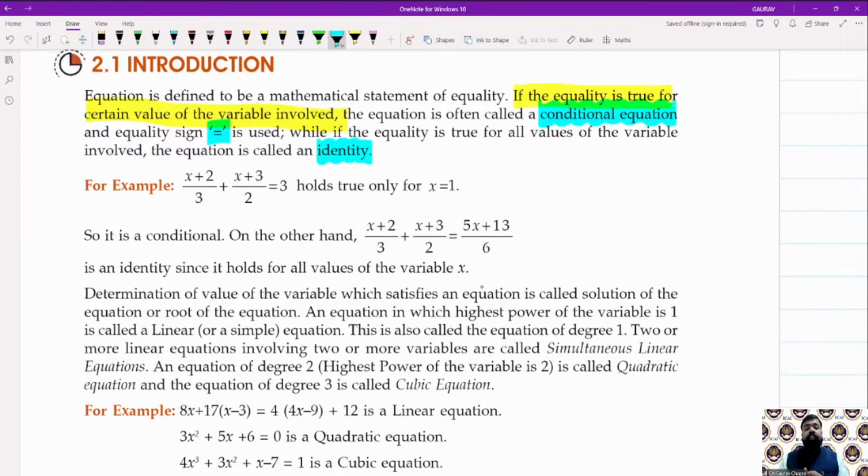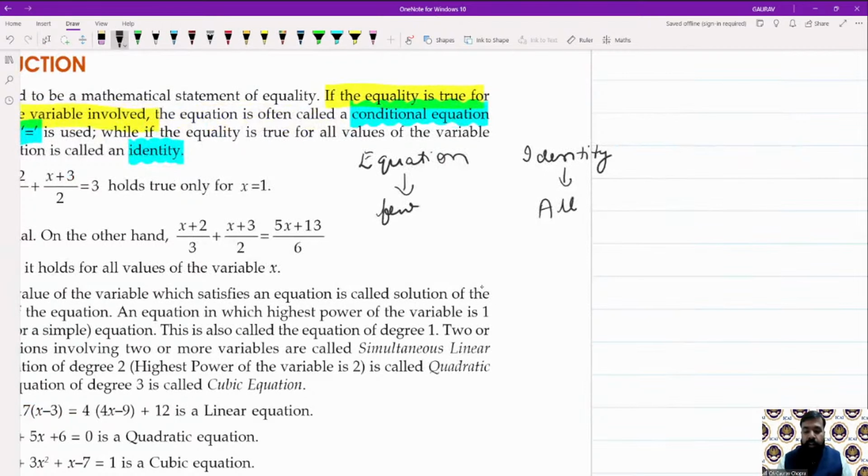So there is a difference between equation and identity. Equation is true for few values like one or two or three values, whereas identity is true for all the values. You might have learned identities in class 8th or ninth.